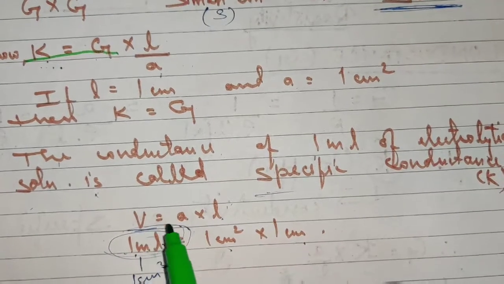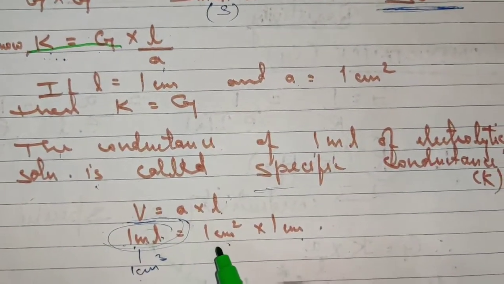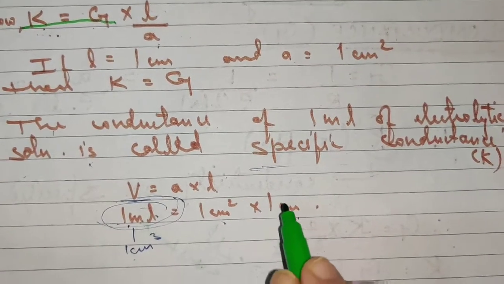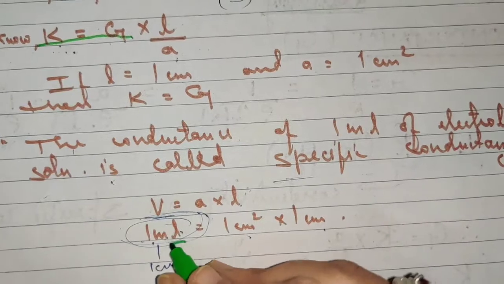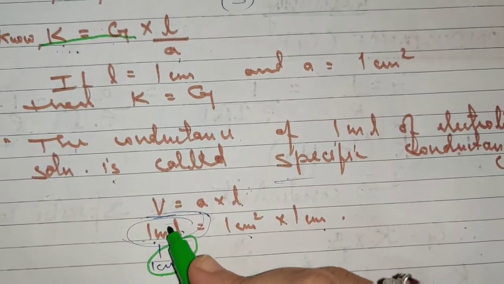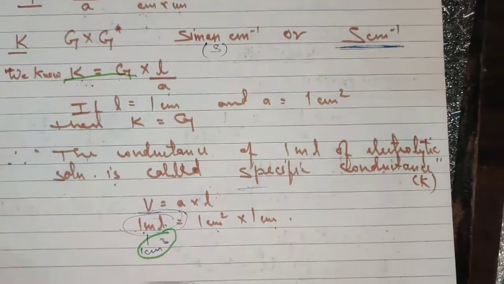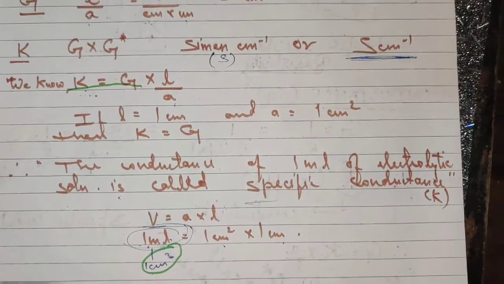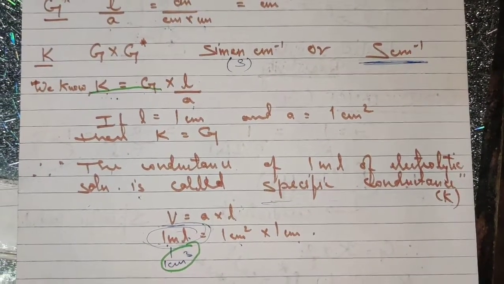Because volume is equal to area into length, and from above we have seen area is 1 centimeter square and length is 1 centimeter. On multiplying these two, you will get the value as 1 centimeter cube, and 1 centimeter cube is equal to 1 ml. So specific conductance can be defined as the conductance of 1 ml of electrolytic solution. This is how we define specific conductance.